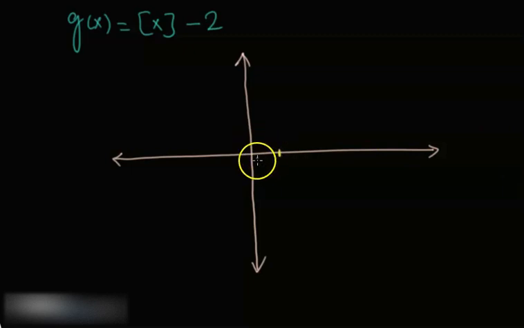We know that we have one page here like this. If I shift this 2 units down, so it will be 1 2 here, so this page will be here, and the page of the greatest integer function here will be moved 2 units down.